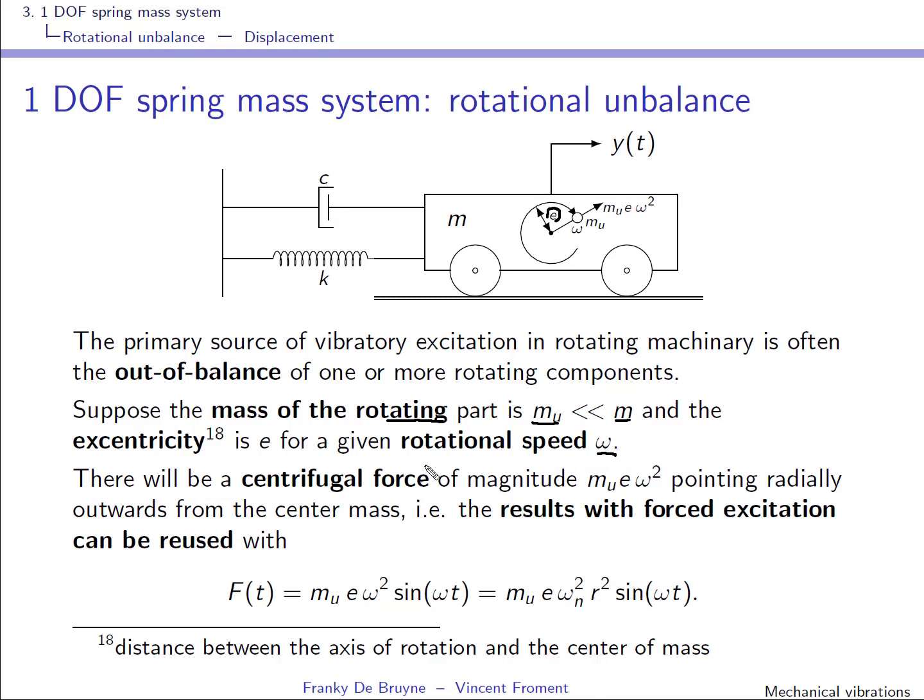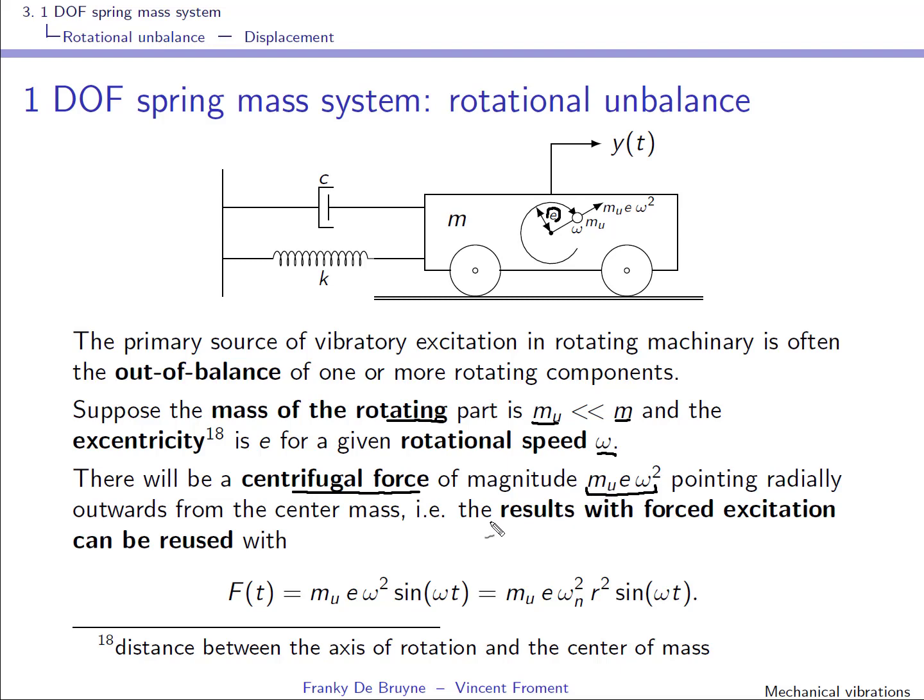We know from the first part of the course that there will be a centrifugal force with magnitude, of course, proportional to the mass of unbalance, the eccentricity, and the square of the rotational speed, and of course this will be pointing outwards radially.